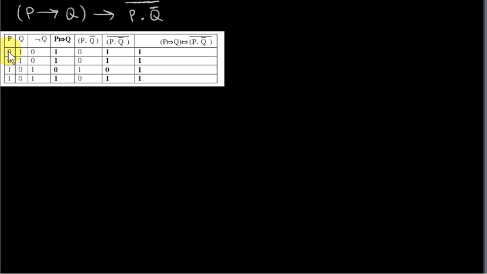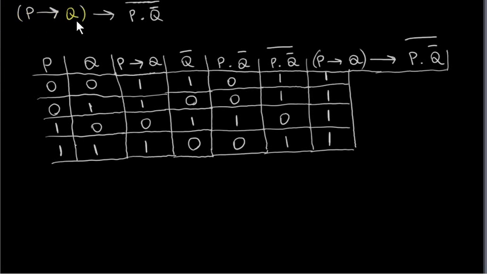And then for P we'd have 0, 0, 1, 1. It hasn't been done here, but it doesn't matter. Let's look at the truth table for P implies Q implies not P and not Q. So I have a column here for Q, so we have 0, 1, 0, 1, and a column for P, taking two at a time, 2 zeros and 2 ones, so we have 4 rows.